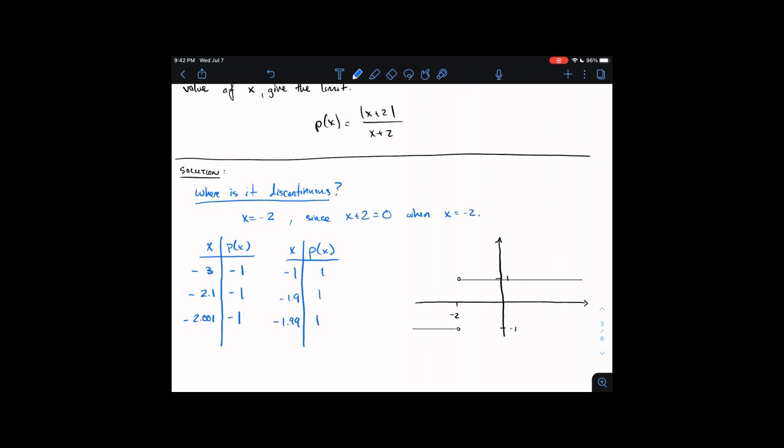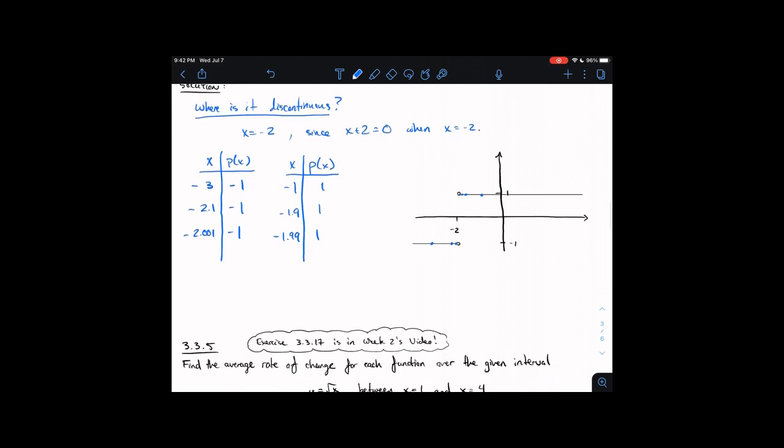So here's me coming in from the right. I'm getting really close, and then here's me coming in from the left. So this limit, p of x as x goes to negative 2, does not exist, since the right hand and left hand limits don't agree.